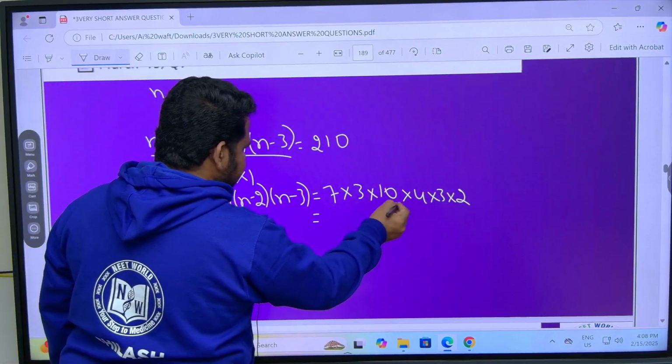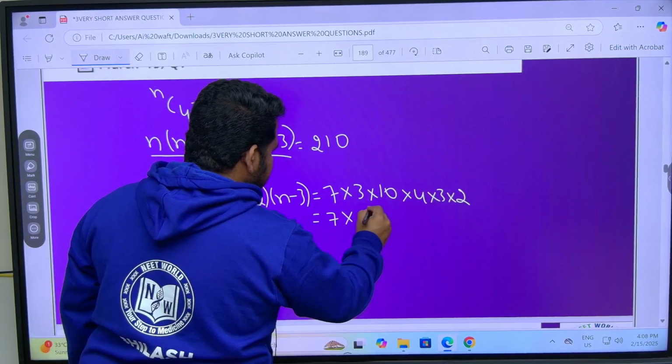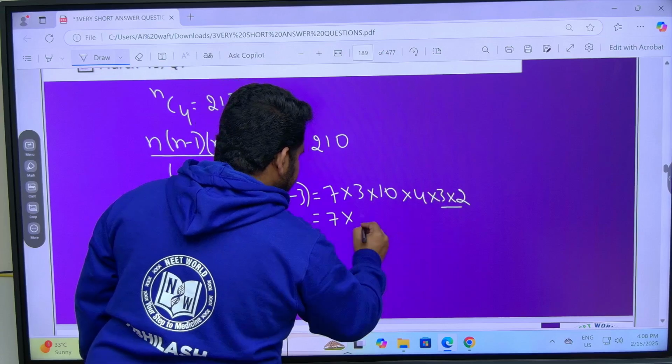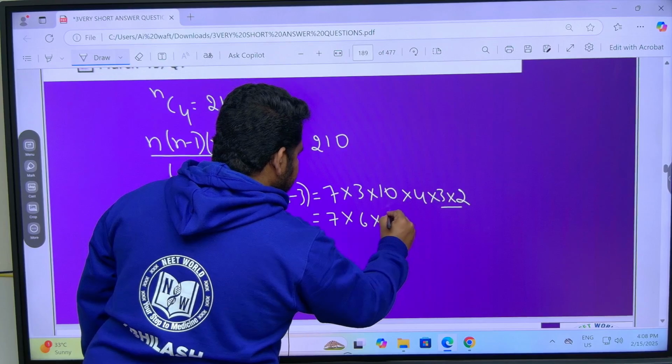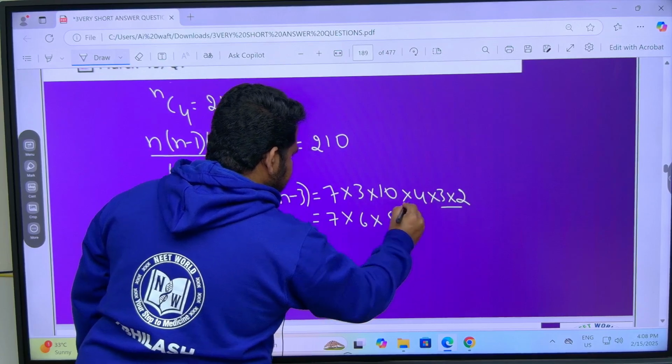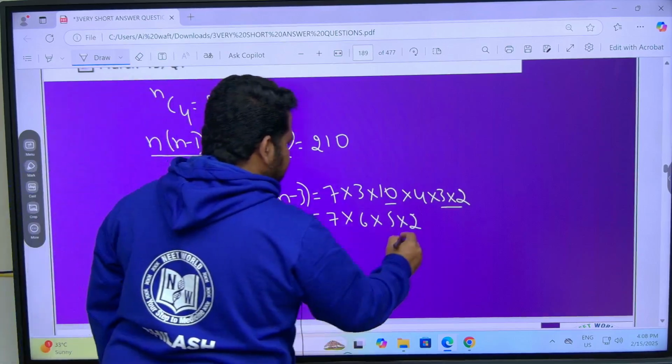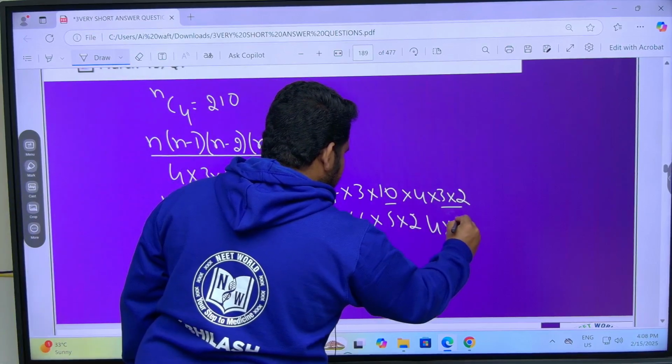If I simplify further, 3 into 2 I can write as 6. Then 10 I can write as 5 into 2. Further what is left? 4 into 3.